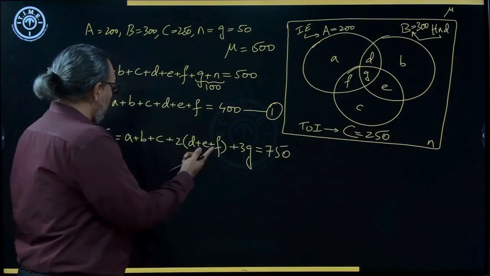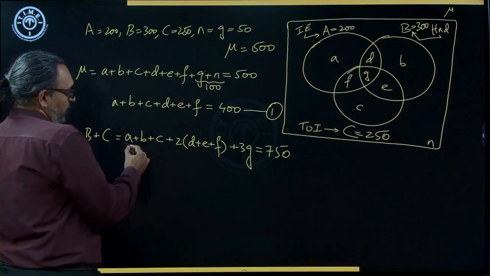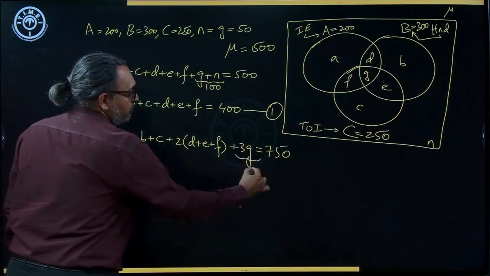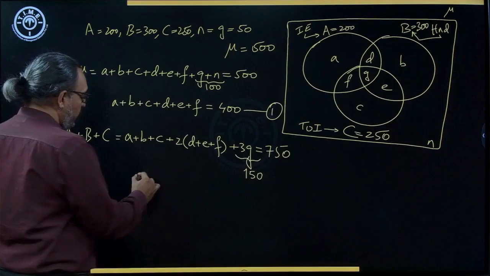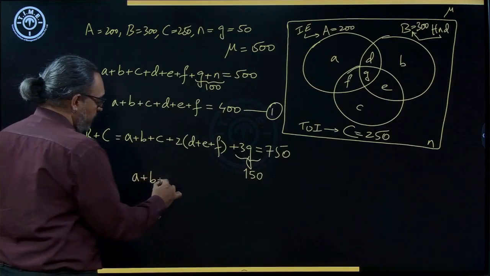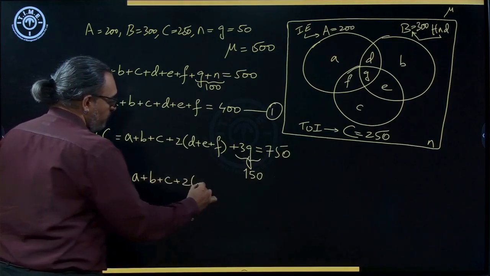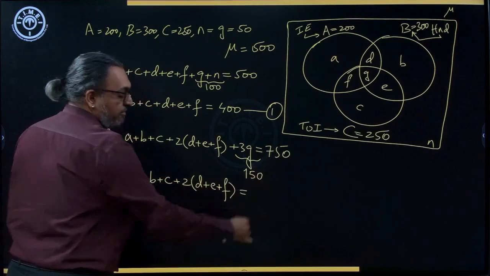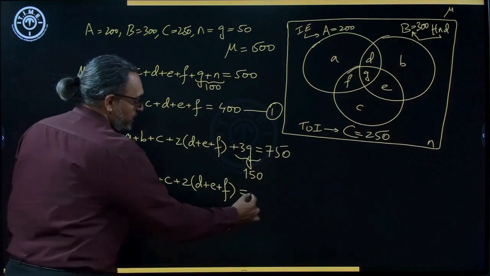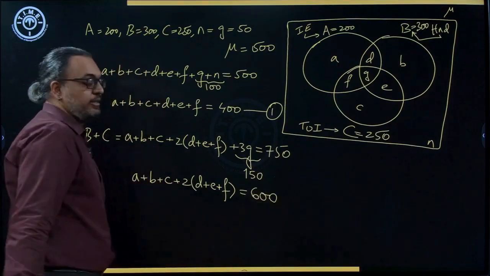Now, from here we know 3 times of G is nothing but 150. Correct? So if we take it on the other side, I'll get A plus B plus C plus 2 times of D plus E plus F equals 750 minus 150, which is going to be 600. Correct?